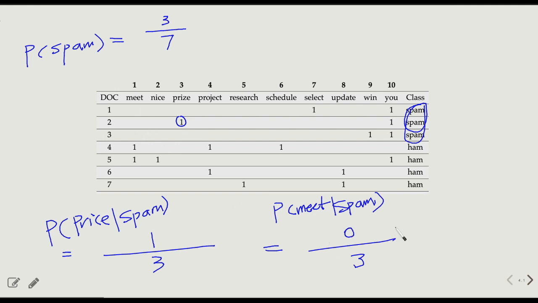Now, there is some problem here because 0 is something we do not want to see. First of all, something doesn't appear here doesn't mean that it will never appear. Even if meet does not appear in the spam subset in your small training set, it doesn't mean it's never going to appear. There is always some chance that this term will occur. This is the first issue.